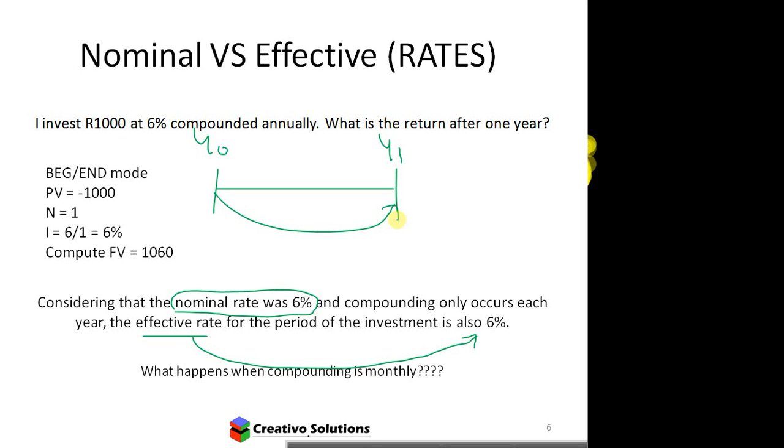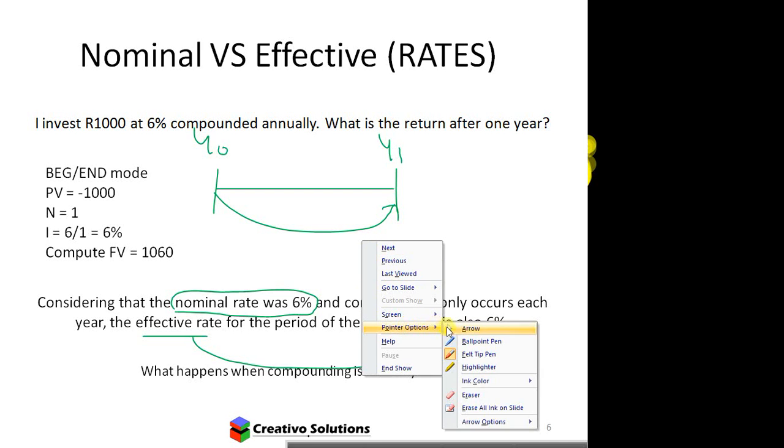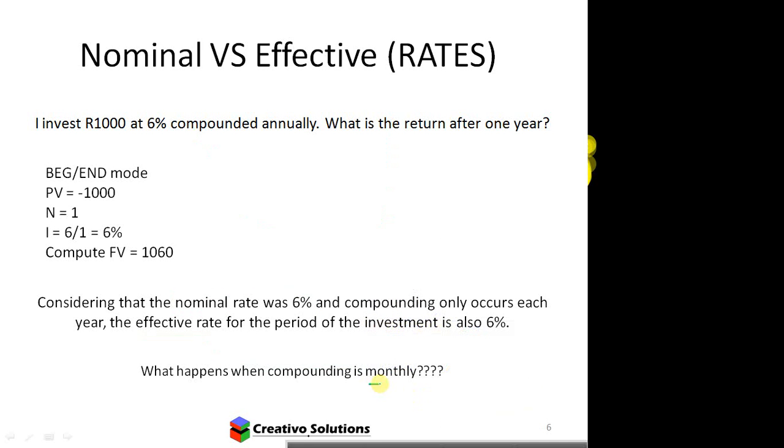Right, so what happens if compounding is monthly? So now how many periods will I have in a year? How many periods will I have in a year? Correct. So T0 and T1 year. 1 year is now 12 months.